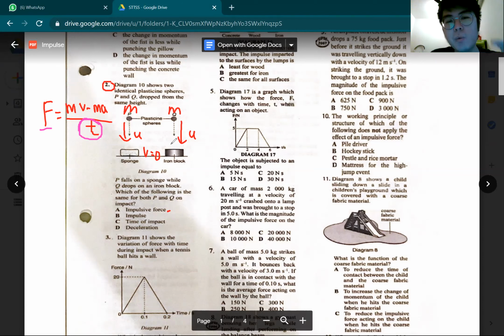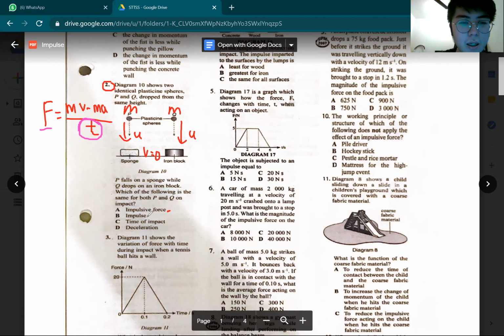The sponge will have a longer time of impact. Because of the flexibility, it's very elastic, right? The sponge is more elastic, so the sphere tends to sit longer at the surface compared to the iron block. The iron block is very hard, right? So the time of impact is different, and thus the impulsive force is different.